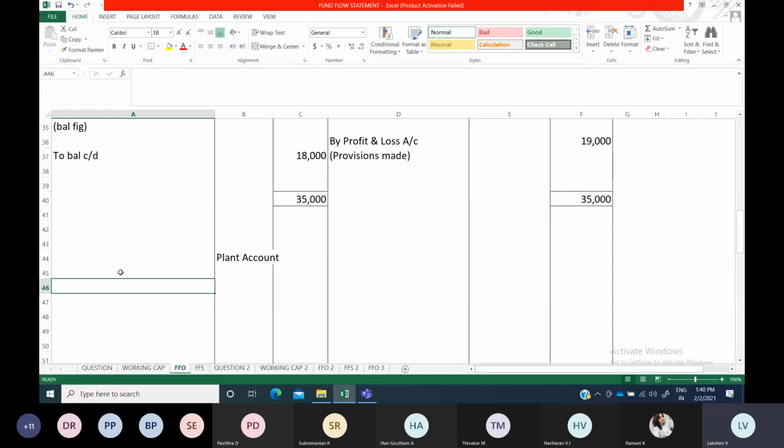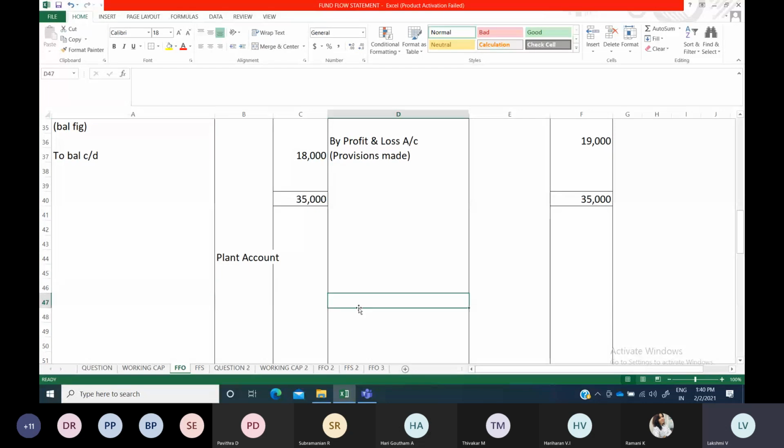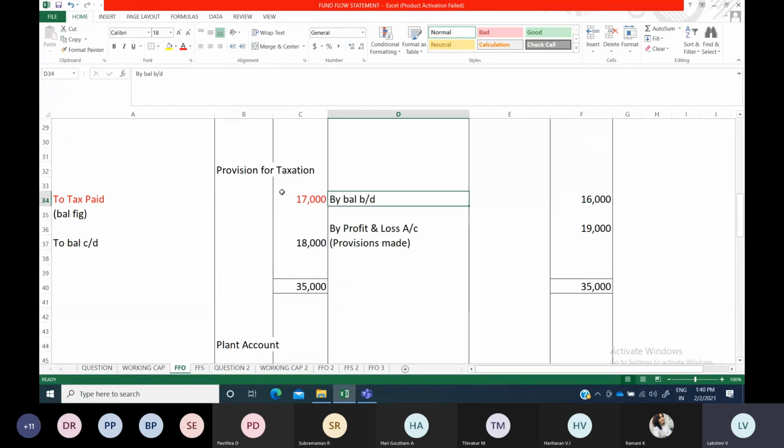One more thing: if you are getting a fixed asset, whether it is plant, machinery, furniture or building, whatever it might be, the opening balance will always appear on the debit side and the closing balance on the credit side. This is just the reverse of a liability. For a liability, the opening balance is on credit and the closing balance on debit.